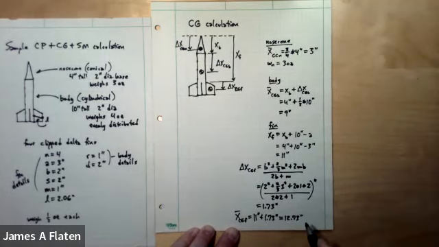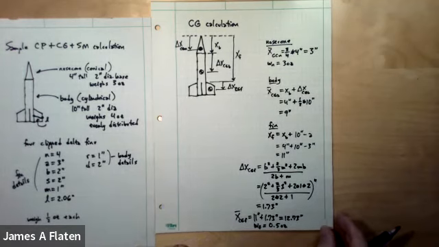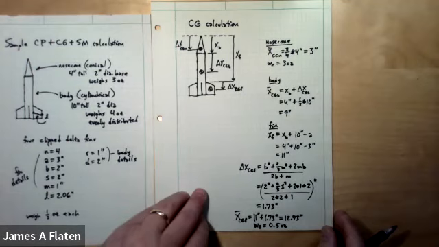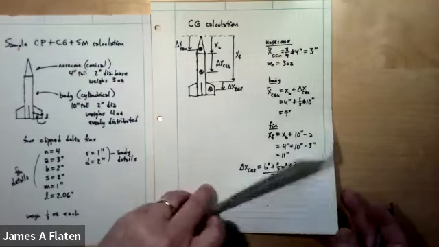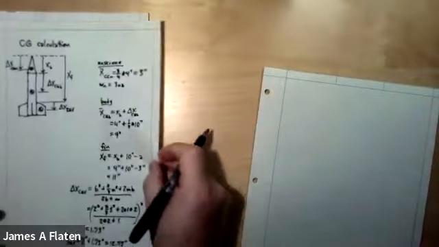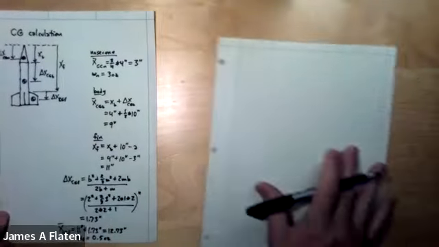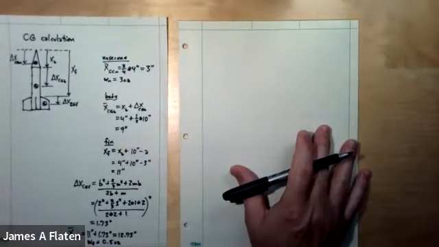That's 12.73 inches, and remember the weight of a fin was 0.5 ounces, half an ounce. Good. Yep, almost done with this part at least.